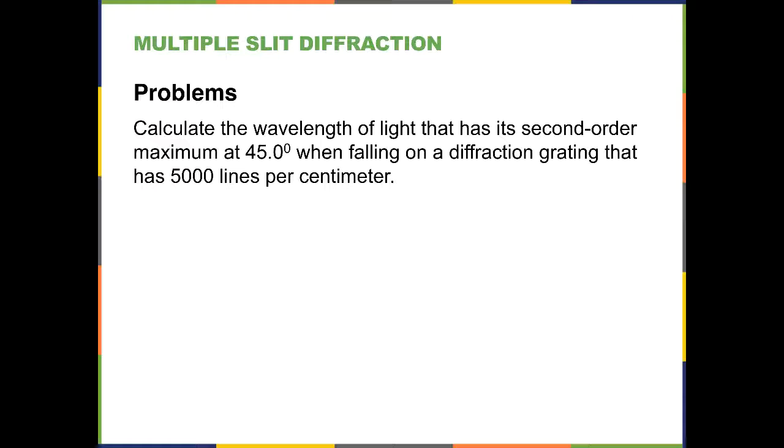Calculate the wavelength of light that has a second order maximum of 45 degrees when falling on a diffraction grating that has 5,000 lines per centimeter. In order to do this first problem, what we need to do is look at our equation that we've used before. d sine theta is equal to m lambda for m's 0, 1, 2.